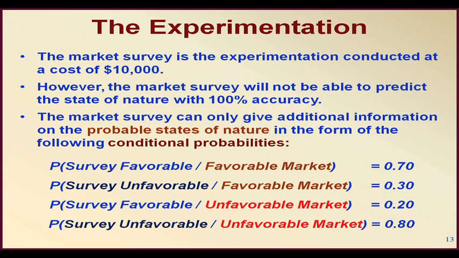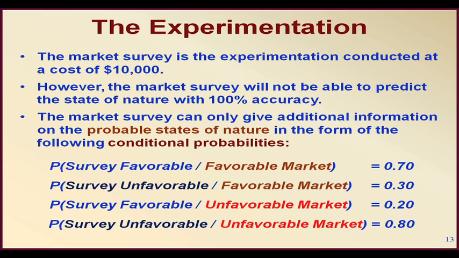All these 4 conditional probabilities have some value, but please remember that they occur in pairs. The first two, survey favorable given favorable market and survey unfavorable given favorable market, should add up to 1. The same holds for the conditional probabilities with respect to the unfavorable market, because when the market is favorable, the survey could be either favorable or unfavorable, and those are going to be their probabilities.